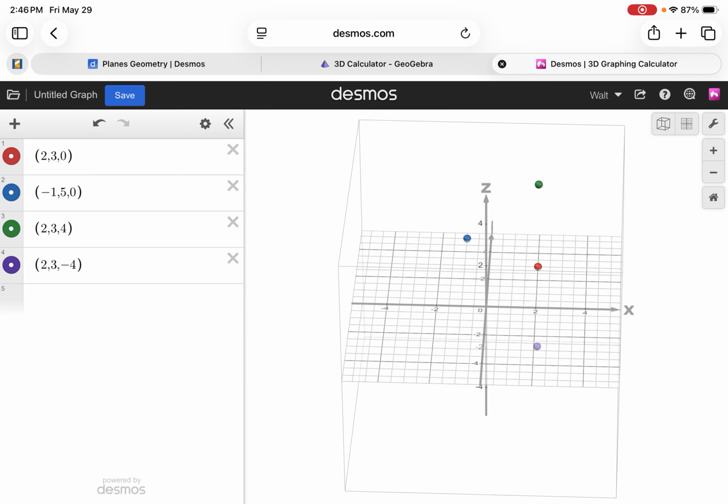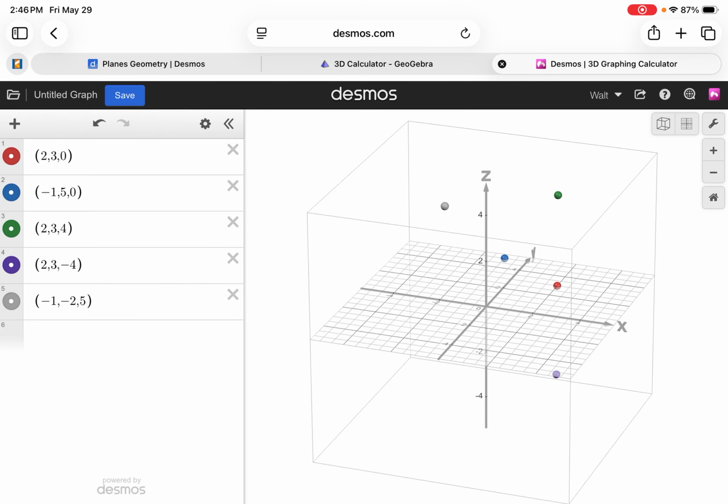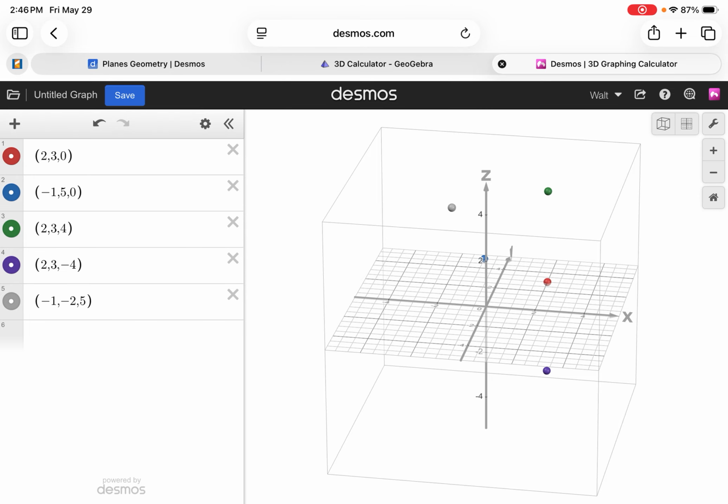So we can plot z-coordinates. We can go through here and we can plot -1, -2, and 5 if I want to. And there's that point. So there's all of these points over here that we plotted in the XYZ space.